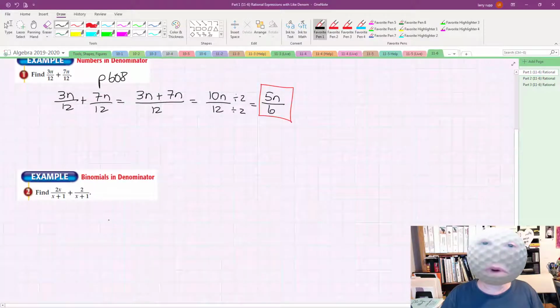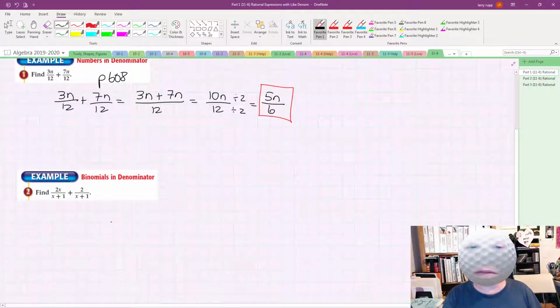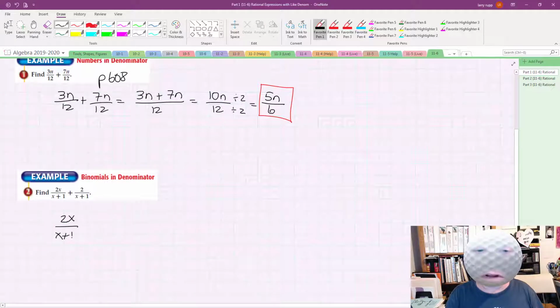Let's do one now where you have a binomial in the denominator. As long as the binomials are exactly the same, it's the same process. Here we have 2x over x plus 1, and you're adding it to 2 over x plus 1. So you combine the numerators and write it over the common denominator.